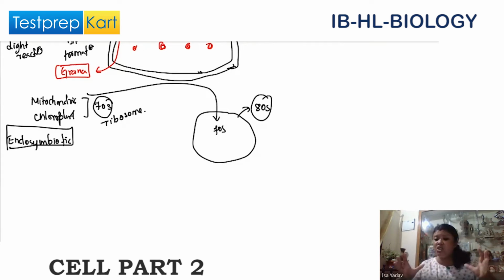Rather than destroying them, it kept both cells with it. That's how we get mitochondria and chloroplast inside the eukaryotic cell. Did you understand?